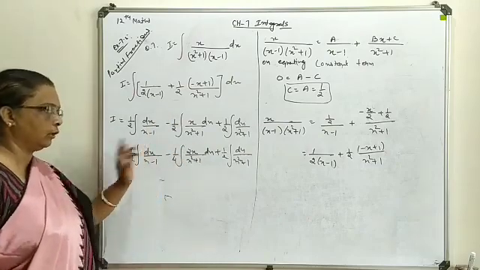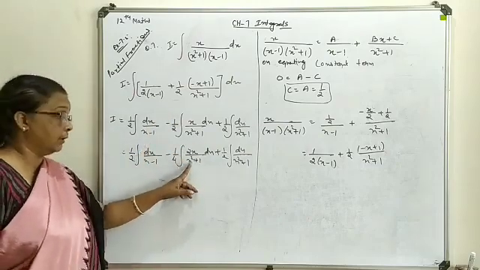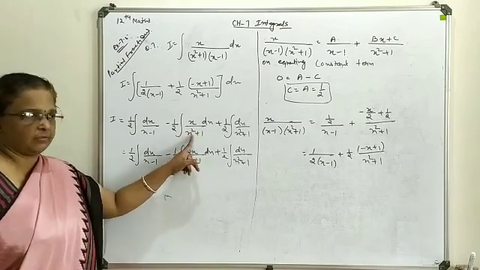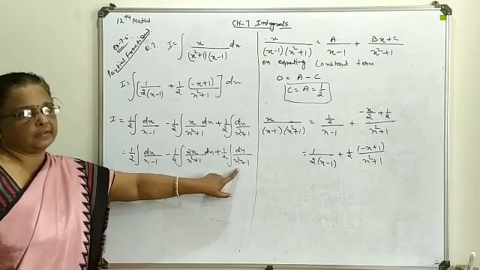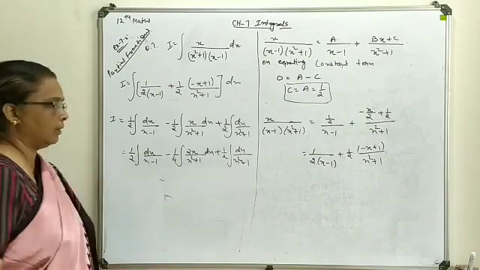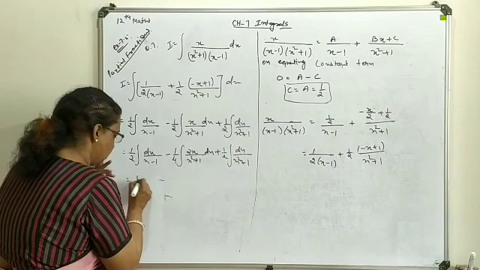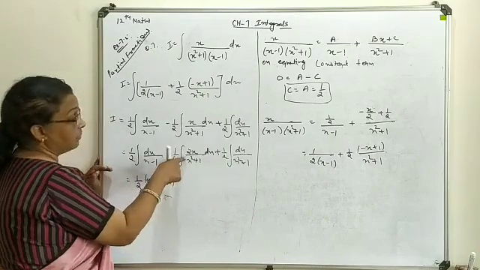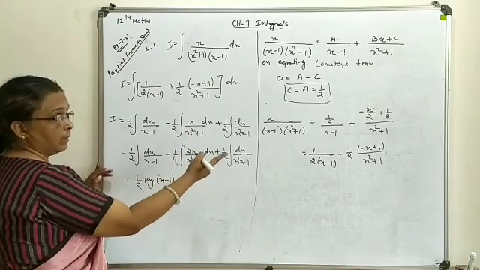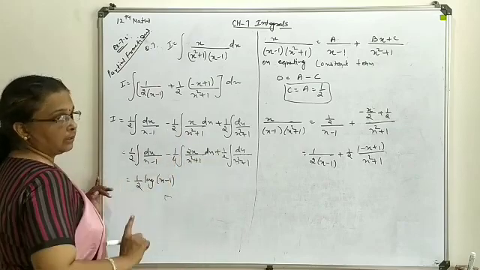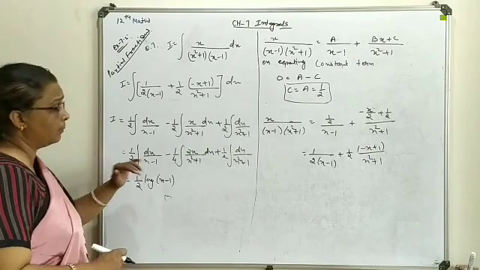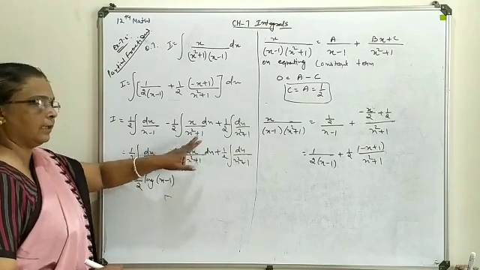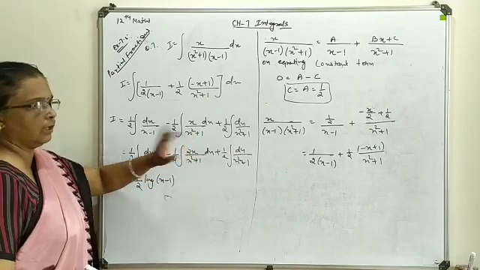This will go for log. Here directly you will implement x square plus 1 you can suppose as t, dt is available, so it will proceed for log, and this 1 upon x square plus 1 means tan inverse x. So now write the integration of the individual. This will be your log x minus 1, and directly if this situation you can't handle, make it handle separately and then write its integration. But this much trouble don't take. You understand derivative of this expression this much means directly it is your t, this is dt, so directly it will go for log.